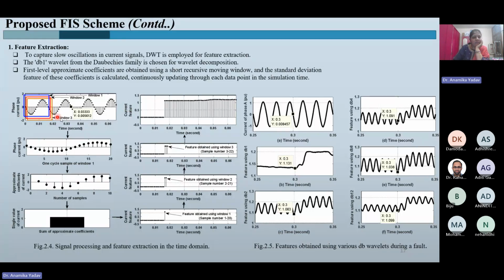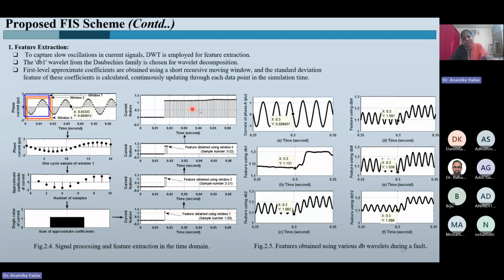From one cycle, the approximate coefficients are calculated, and then finally we obtain a single value using the standard deviation. Once this single value is obtained, the window is shifted by one sample. As we shift it by samples, the number of feature values obtained increases.